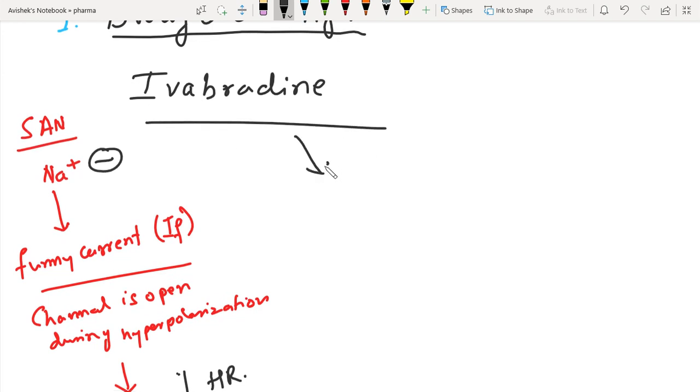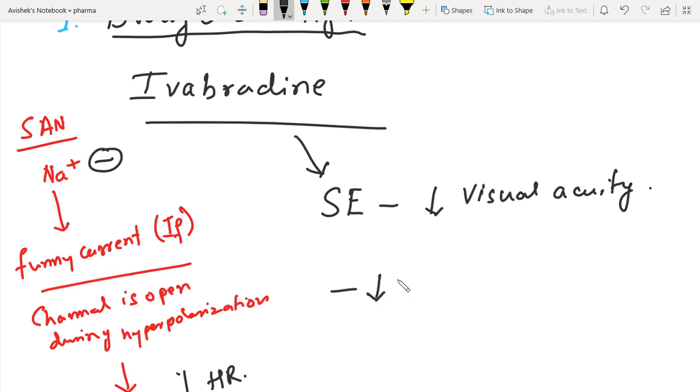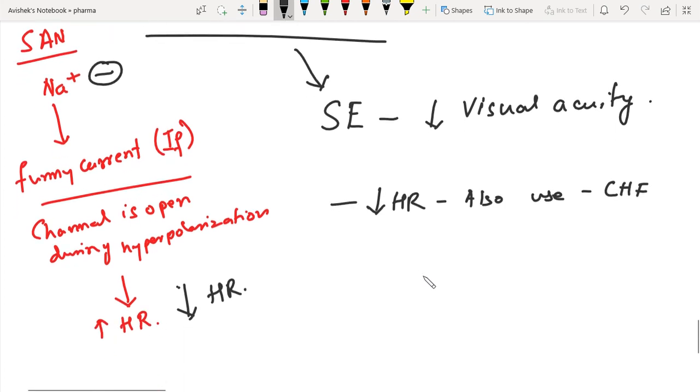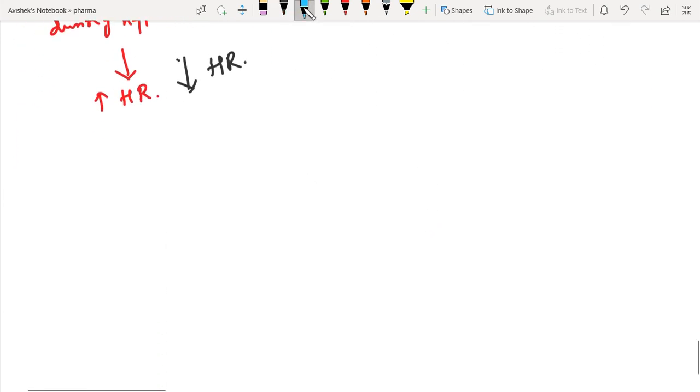But the major side effect of ivabradine is decreased visual acuity. This ivabradine, which decreases heart rate, can also be used in congestive heart failure. This was the first new drug.